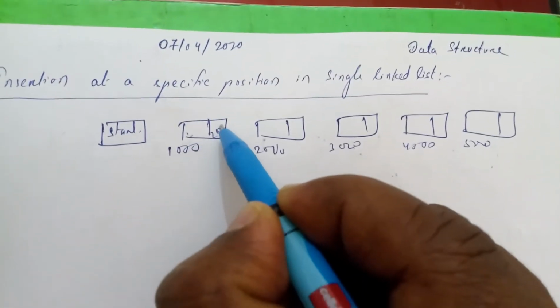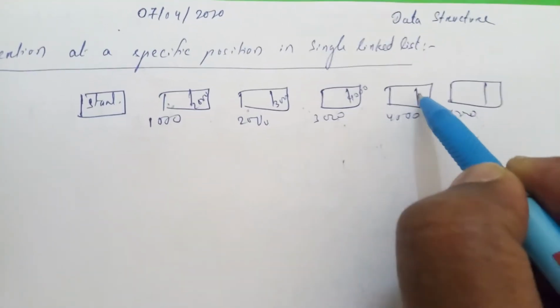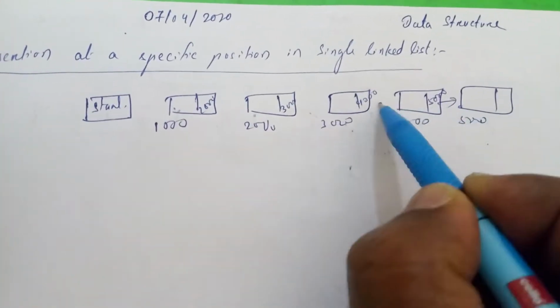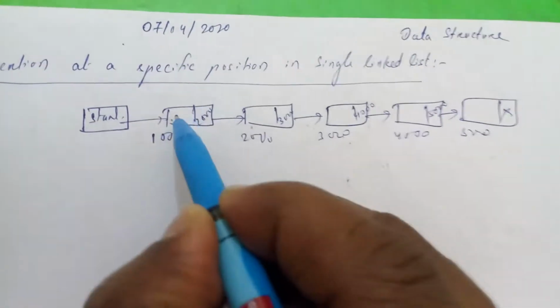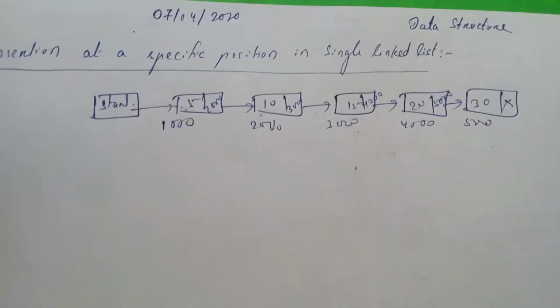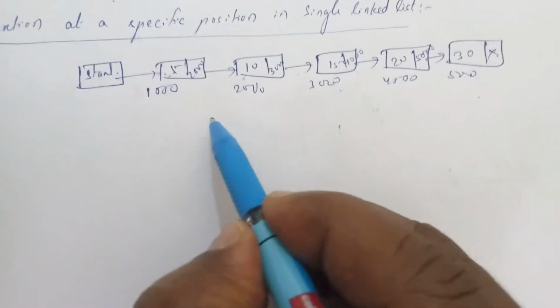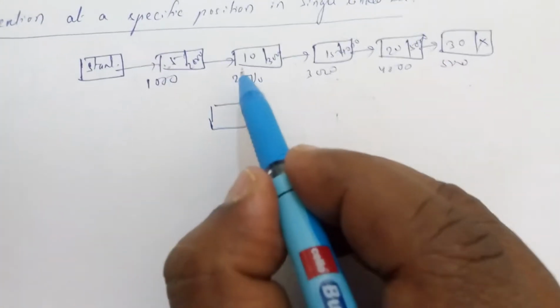So here this one is 2000, this one is 3000, this one is 4000, this one is 5000. The values are suppose 5, 10, 15, 20, 30. So we are having a node. We want to insert this node at the position 2.